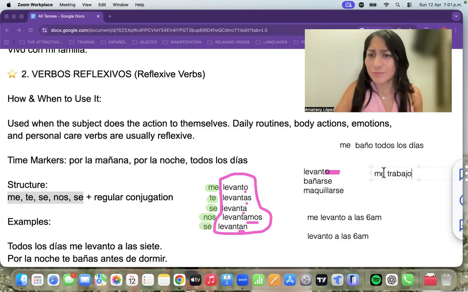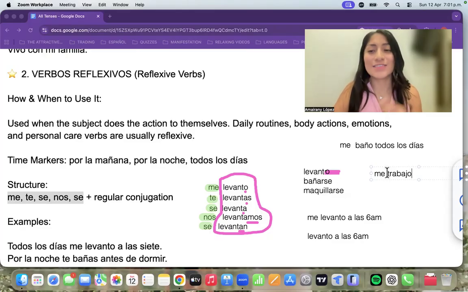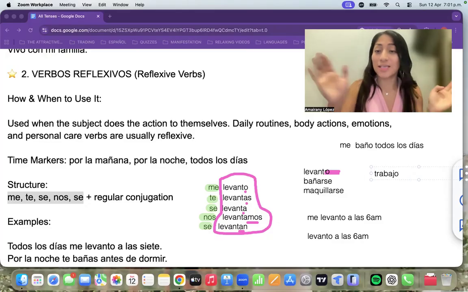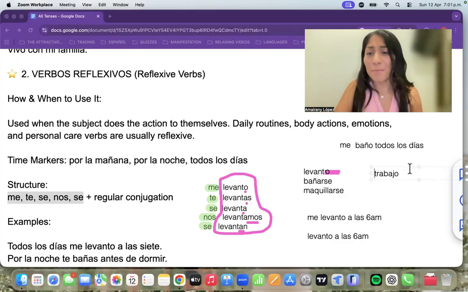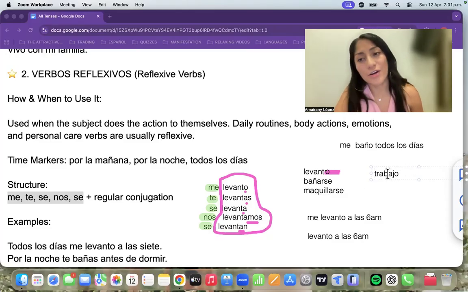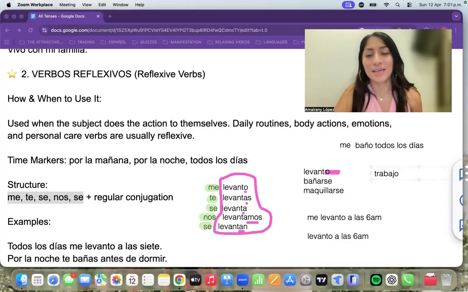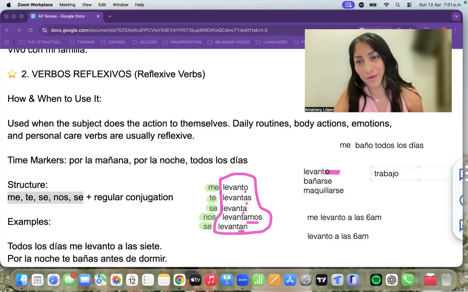But yeah, sure, trabajar is a daily routine, but it's not a self-action, okay? You just say trabajo. There are many, many things that are not going to be reflexive, and that's why you won't see me all the time in our verbs, right? So when you see the me, it's possibly a reflexive verb.